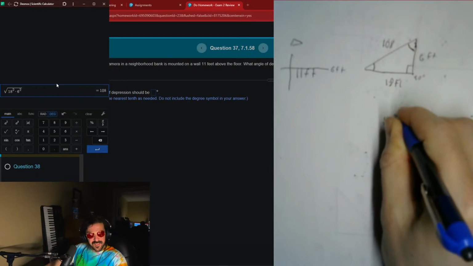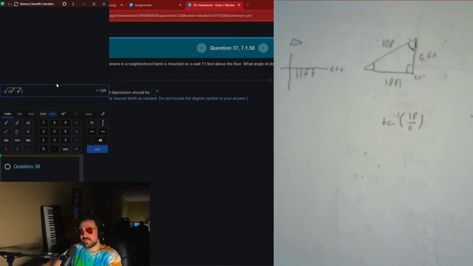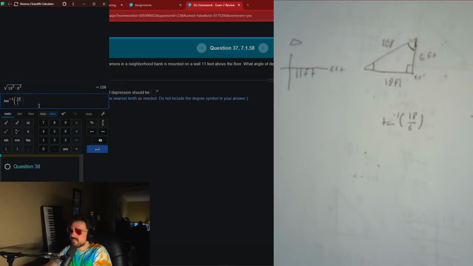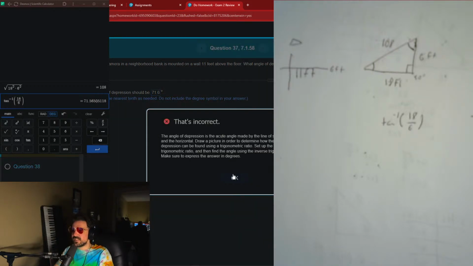But it's the inverse, right? Yeah. 71.6, right? Fuck.